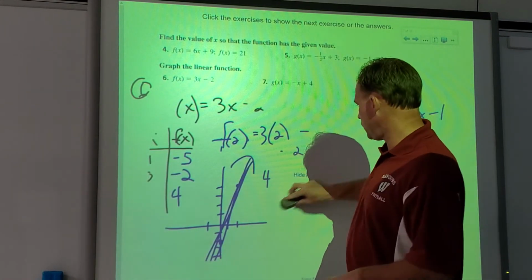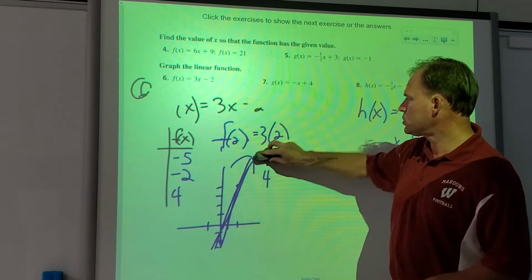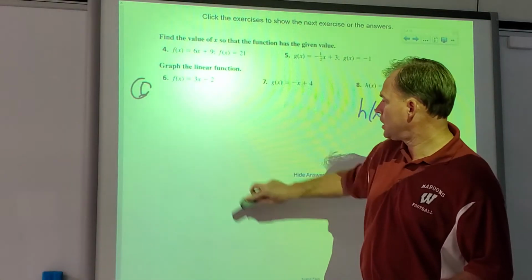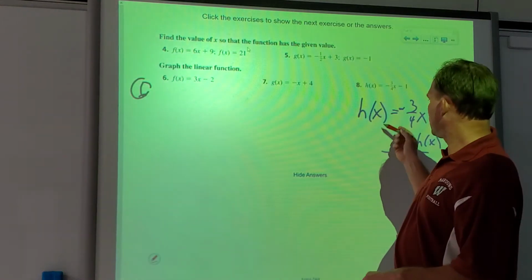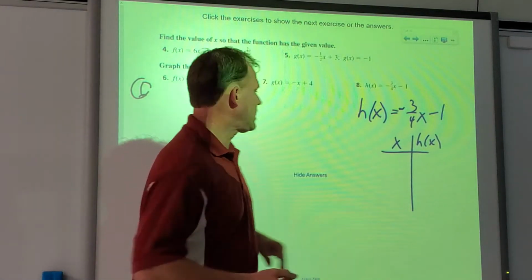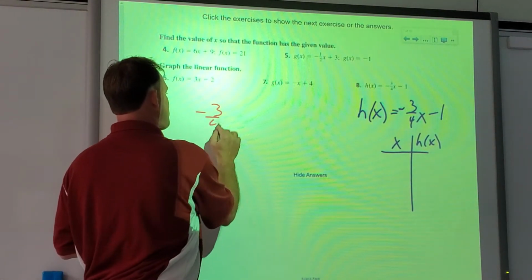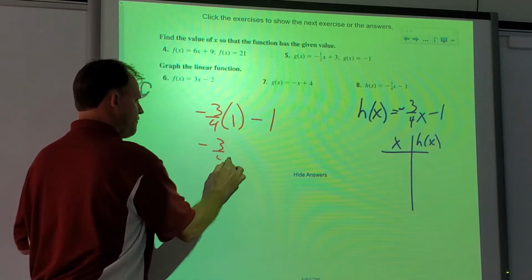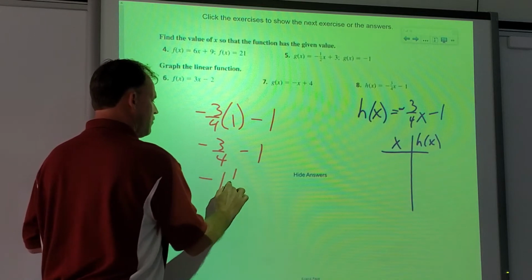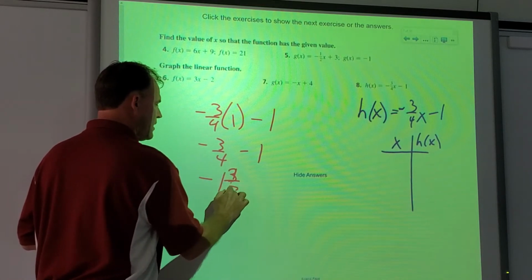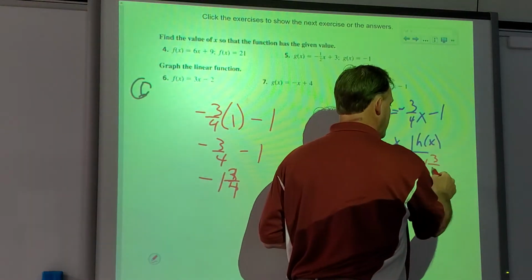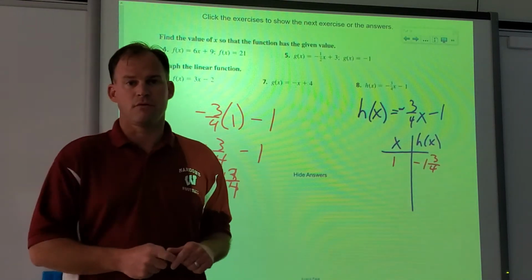But I know most of you hate fractions. I'm just going to show you real quick. If I plug in 1, that's -3/4. That's -3 3/4. So when I plug in 1, I get -3 3/4. That's going to be tough to graph.